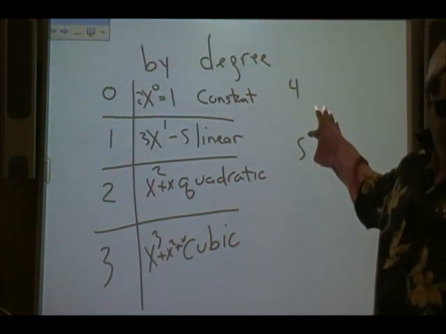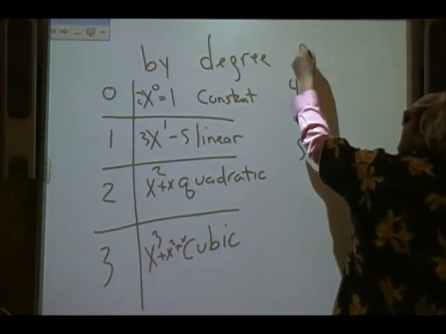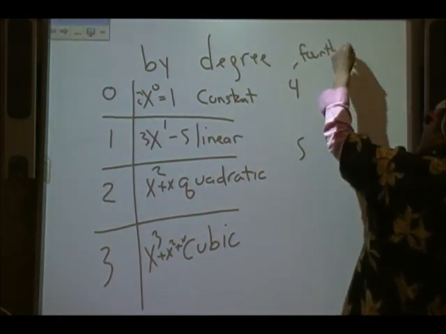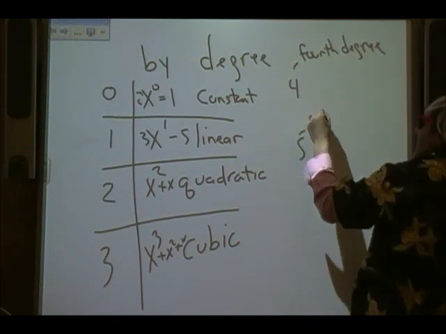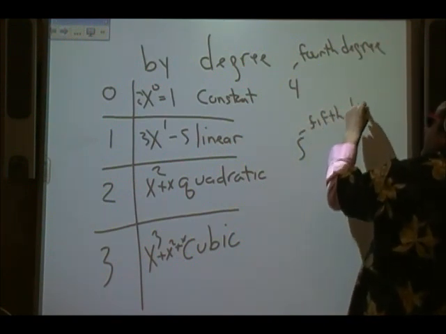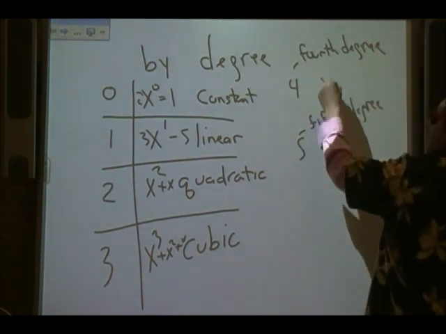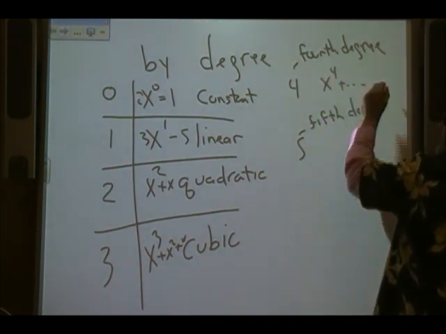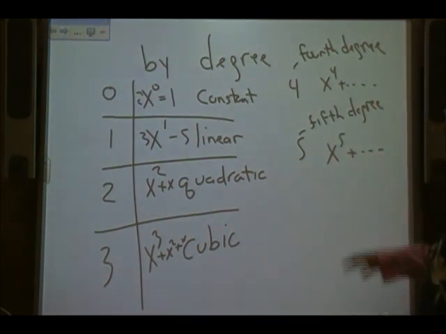Now these, 4 and 5, I just call them 4th degree or 5th degree, and then I say polynomial. So I would say this is a 4th degree polynomial. This is a 5th degree polynomial.